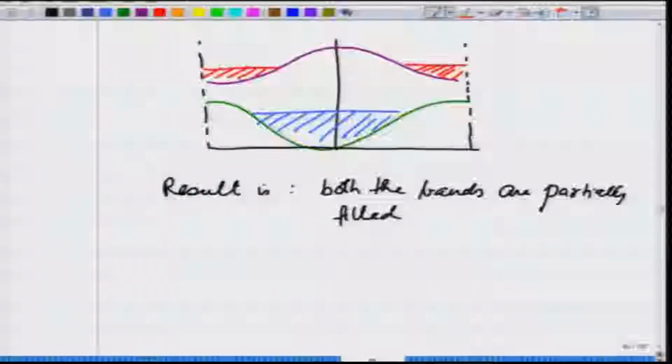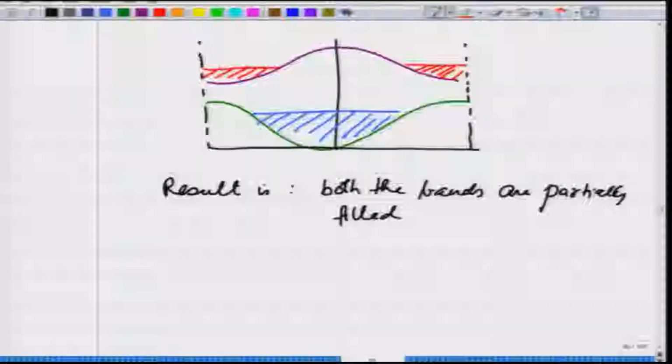So, in a semiconductor where there are thermally excited electrons to the upper band, both bands become partially filled and they start conducting. The conductivity obviously is going to be highly temperature dependent, because the number of electrons or how partially the bands are filled depends on temperature exponentially, that we will see later in this week's lectures. But right now the idea is that both bands become partially filled, and when they become partially filled they both conduct.